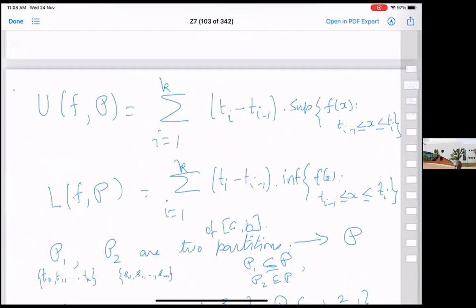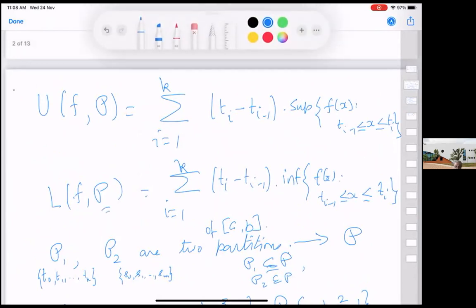Because this is summation Ti minus 1, summation Ti minus 1, same thing. And the multiplier in one is an infimum over a set and in the other it is the supremum over the same set. So infimum over a set is less than or equal to supremum over the same set. Therefore, for the same partition P, LFP is less than or equal to UFP.